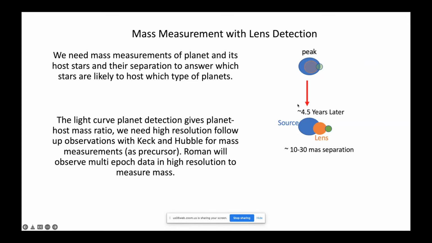So if we detect a peak, the light curve and the exoplanet in one epoch, then about 4 years later, or a couple of years later, or even a couple of years behind, we can look at the data and see that the source and lens are separating out. From that, we can detect the source and the lens, and get the mass measurement of the exoplanet and the host star.